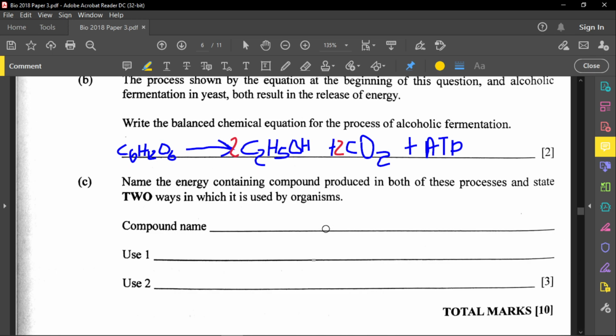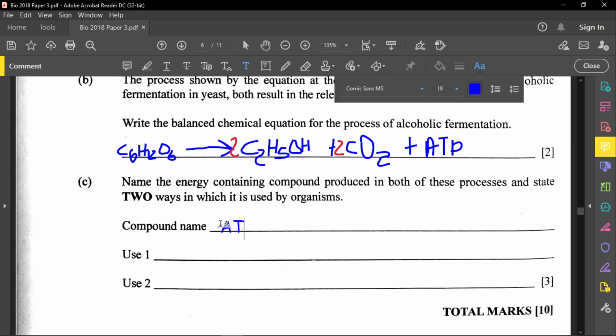ATP is the abbreviation for adenosine triphosphate. Now, adenosine triphosphate is used in many ways.